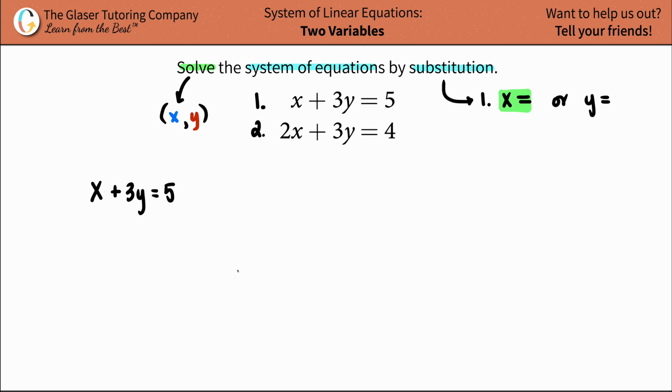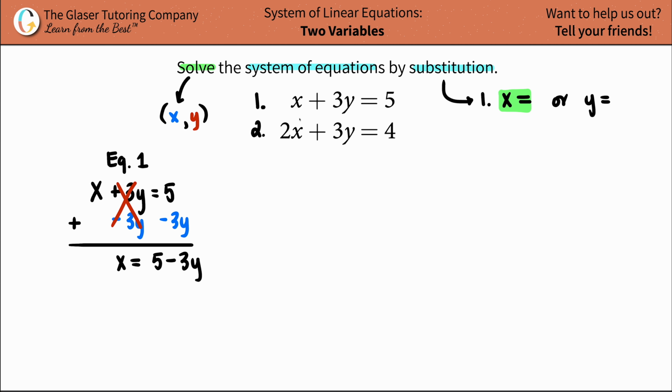So just undo what is being done, right? If I want to get x by itself, I have to subtract 3y on both sides. So the 3 y's go bye-bye, and now we get x equals 5 minus 3y.